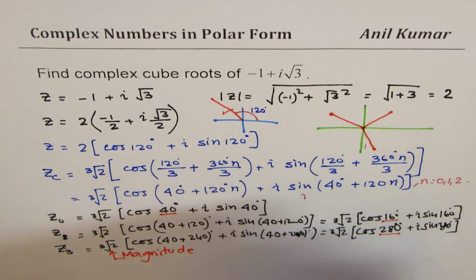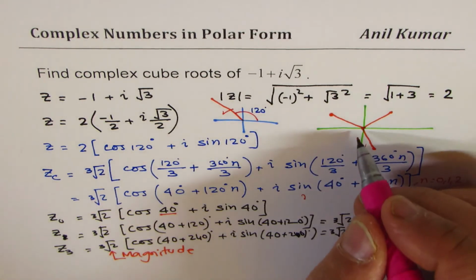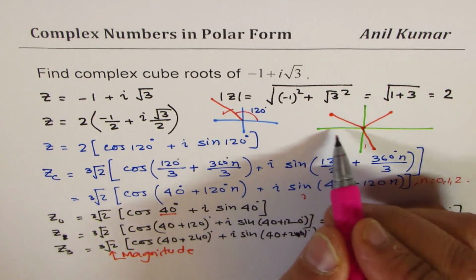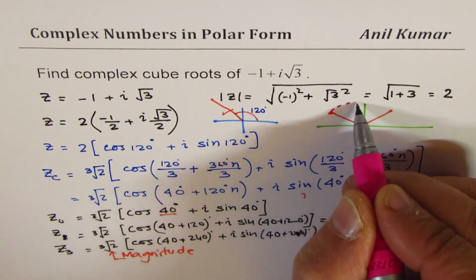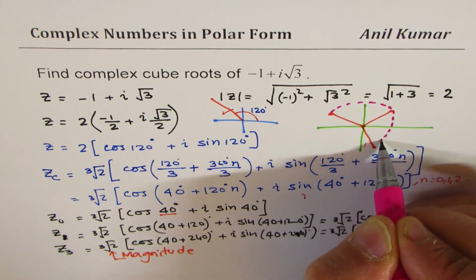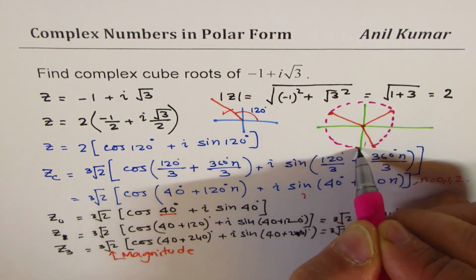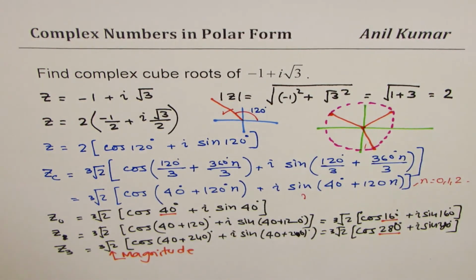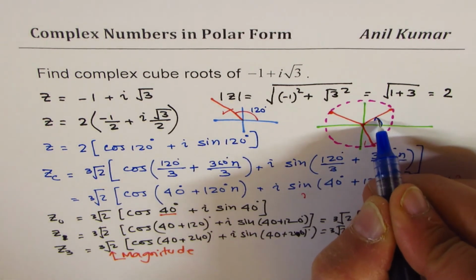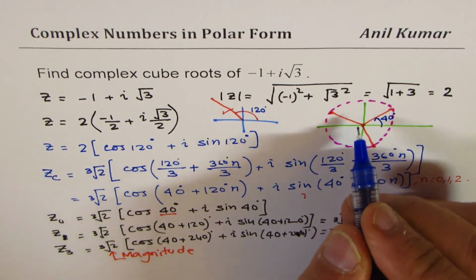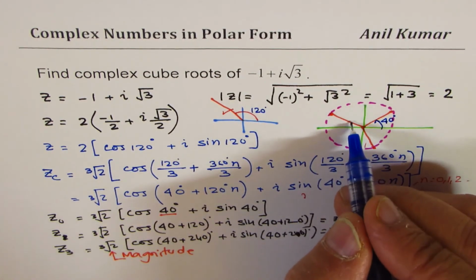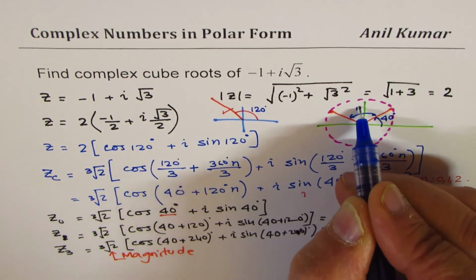Right? So all these 3 points will actually fall on a circle, since the magnitude is the same. And they are spaced equally apart. Correct? So this angle here is 40 degrees, and then between each, we have 120 degrees.